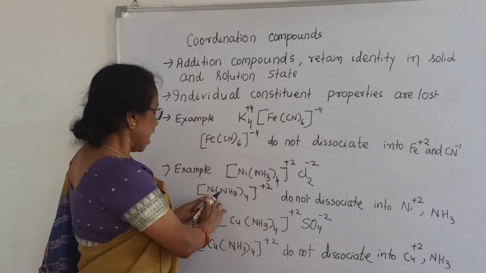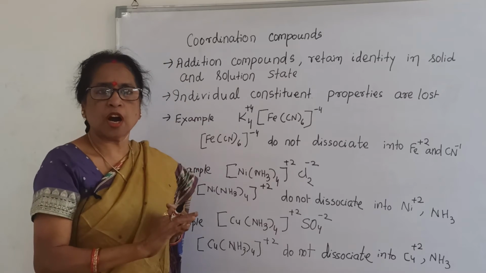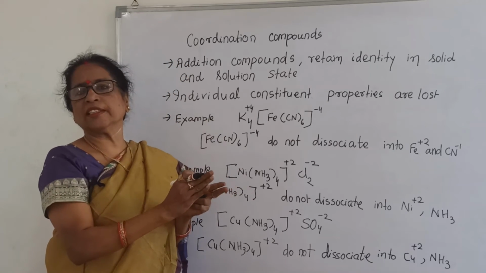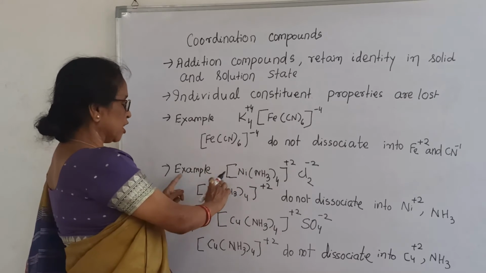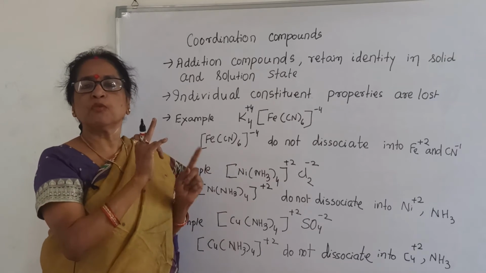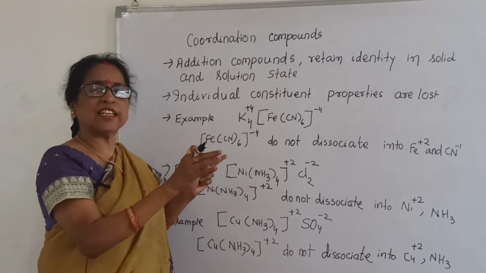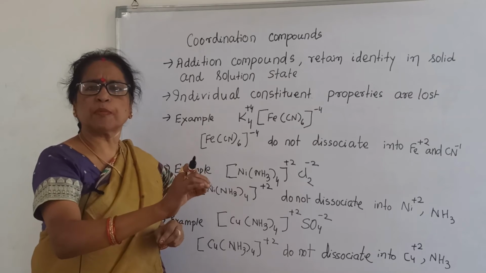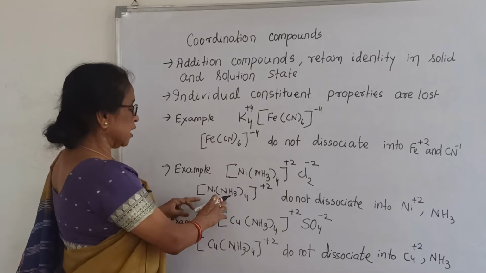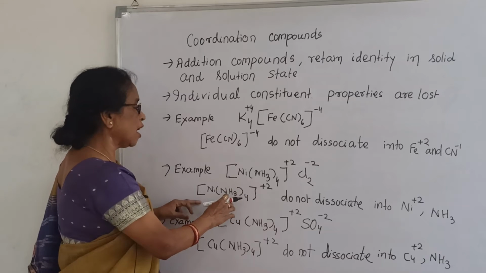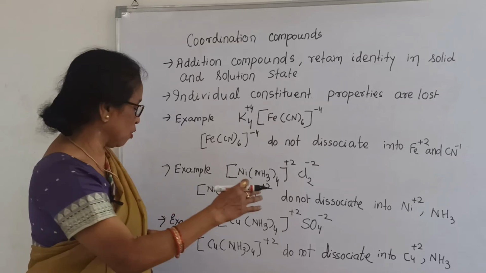That means Ni NH3 whole 4 in a square bracket with plus 2 charge acts as one identity, only one complex ion, and never shows what is inside it. It shows a new property, a new color. So it is known as a complex ion, and the compound formed is a coordination compound.